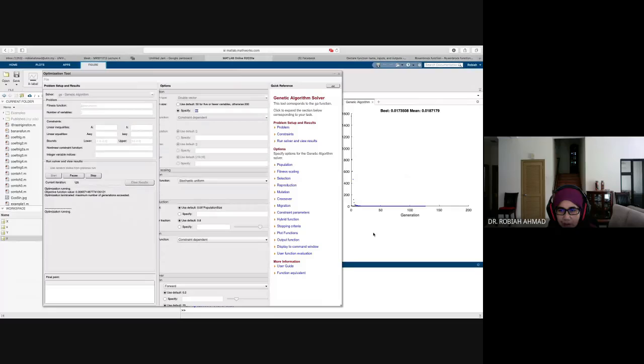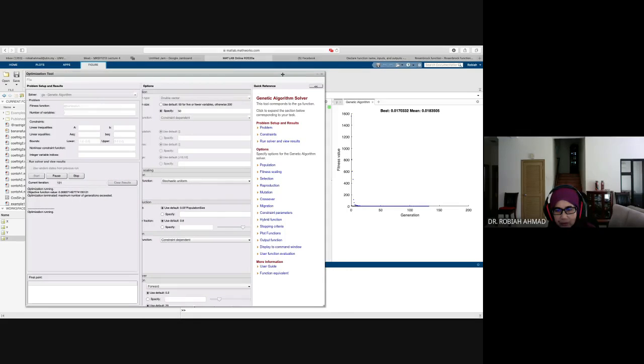The graph that you have is actually the number of generations versus the minimization, the fitness function.